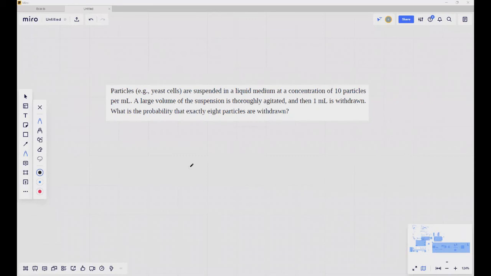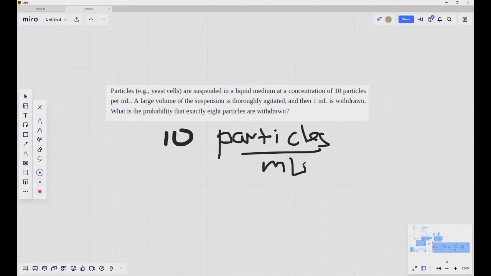Now let's solve a couple of examples. We have a liquid medium with a concentration of some particles in it equal to 10 particles per milliliter. Then we withdraw 1 milliliter of that liquid.